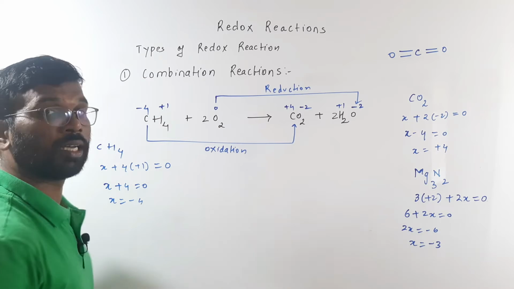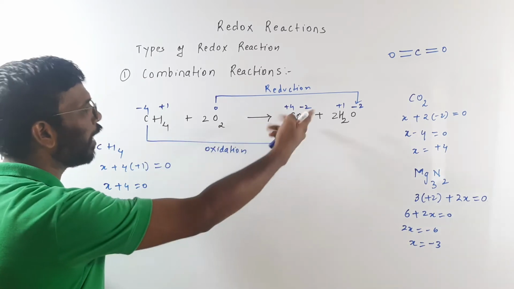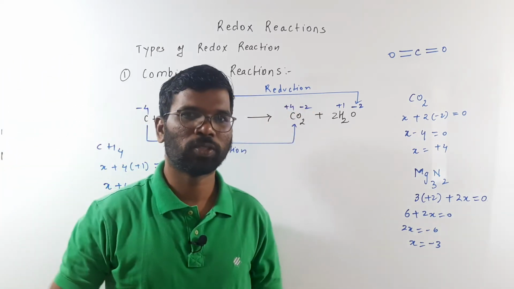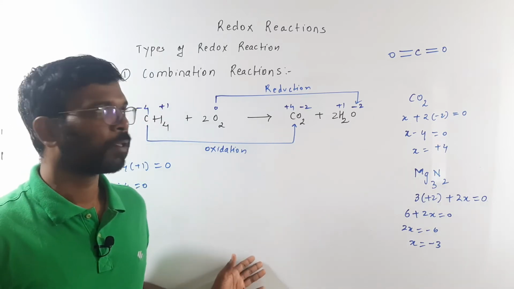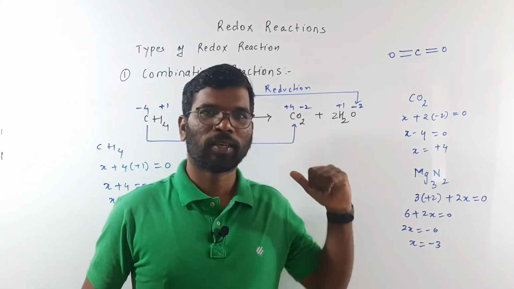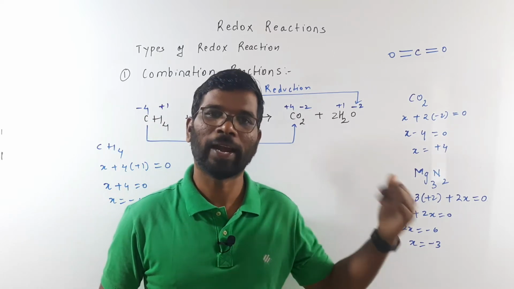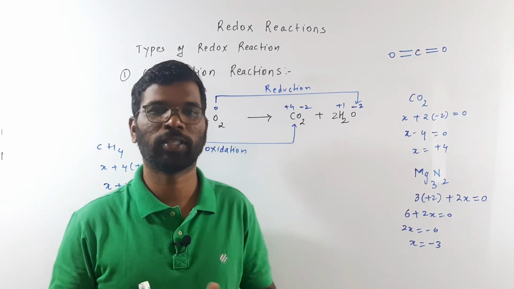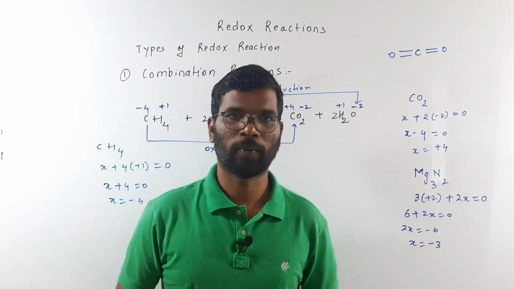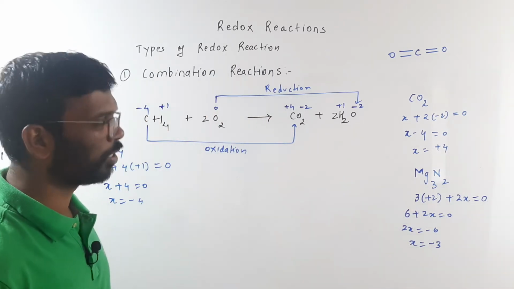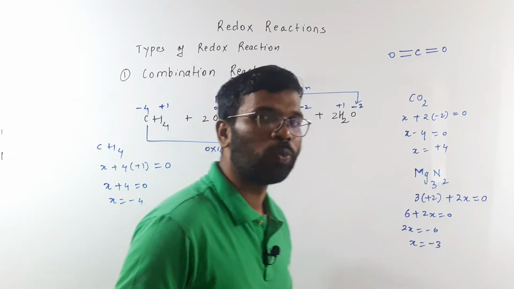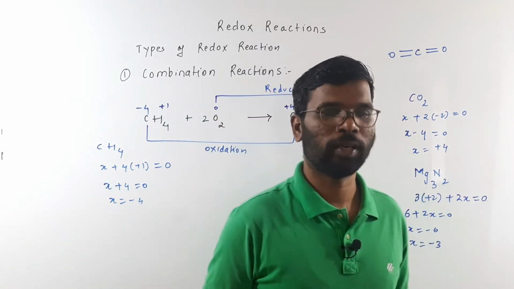So that is oxidation. Removal of hydrogen: hydrogen is not there in the product form. So this also supports it. The classical definition is supporting over here, and the electronic concept of reduction and oxidation is also supporting over here. So these were the combination reactions. Let us move ahead with decomposition reactions.